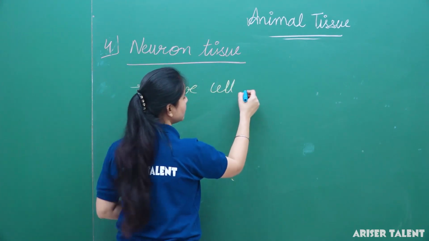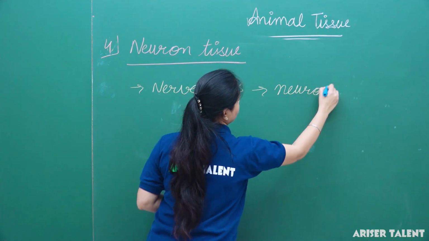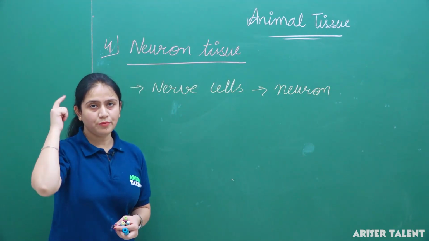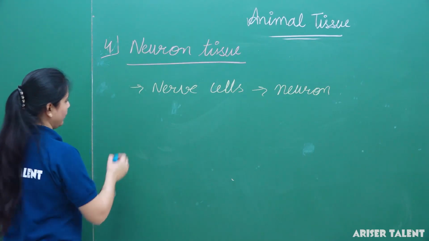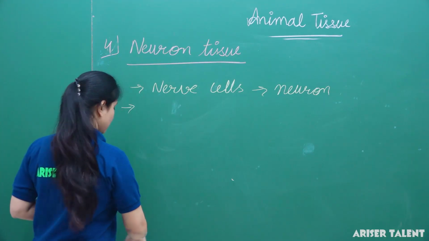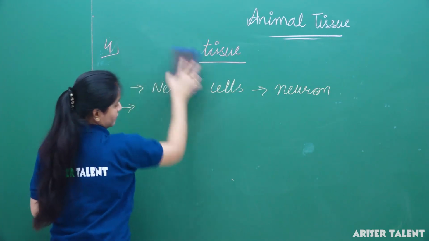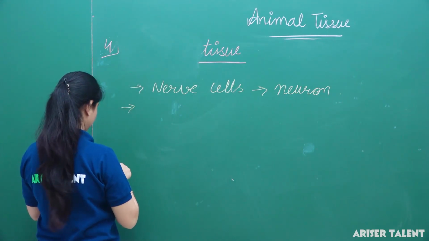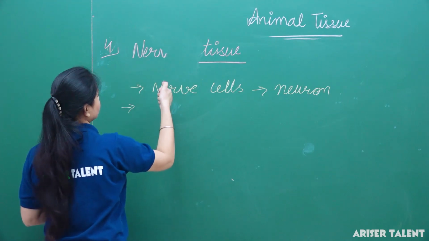It is made up of nerve cells, and these nerve cells are called neurons. These are found in the brain, spinal cord and all over the nerves in the body. Sorry, this is nervous tissue, not neuron tissue.